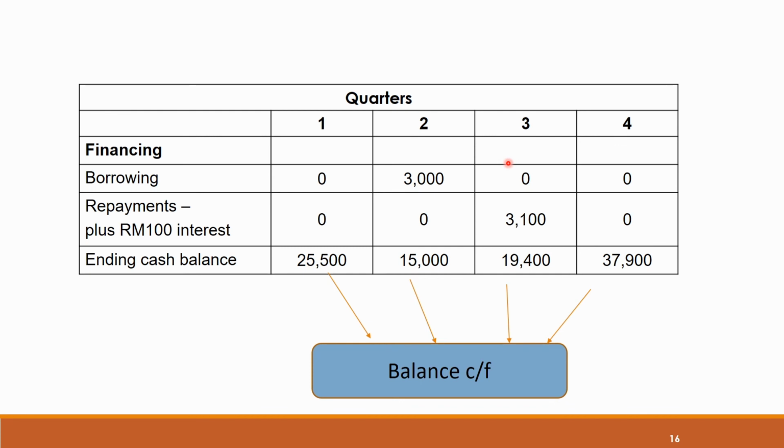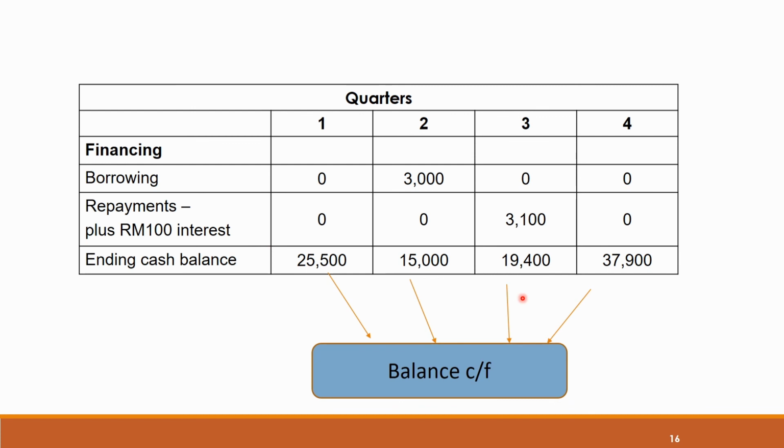And you can see from the question, there is an excess for column 3. Based on the policy of the company, we must repay the loan with interest. So the loan 3,000 that we made from the previous quarter plus 100 for interest.